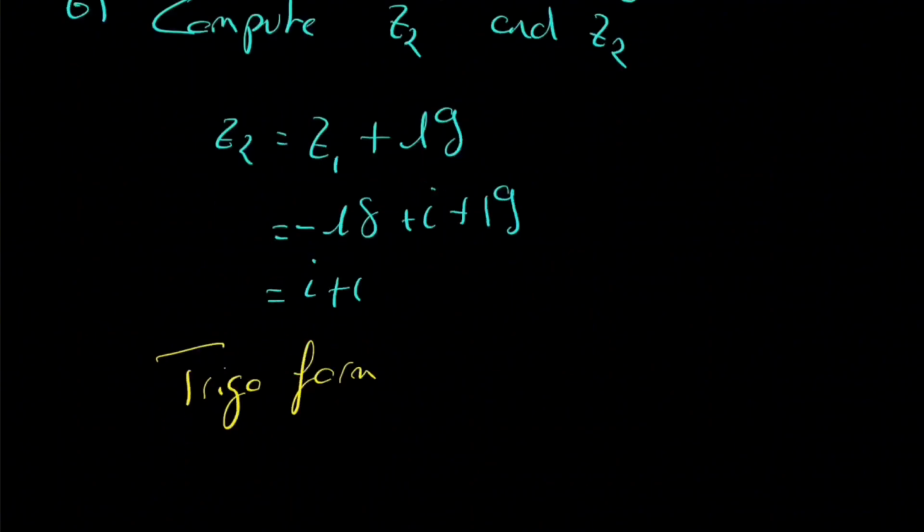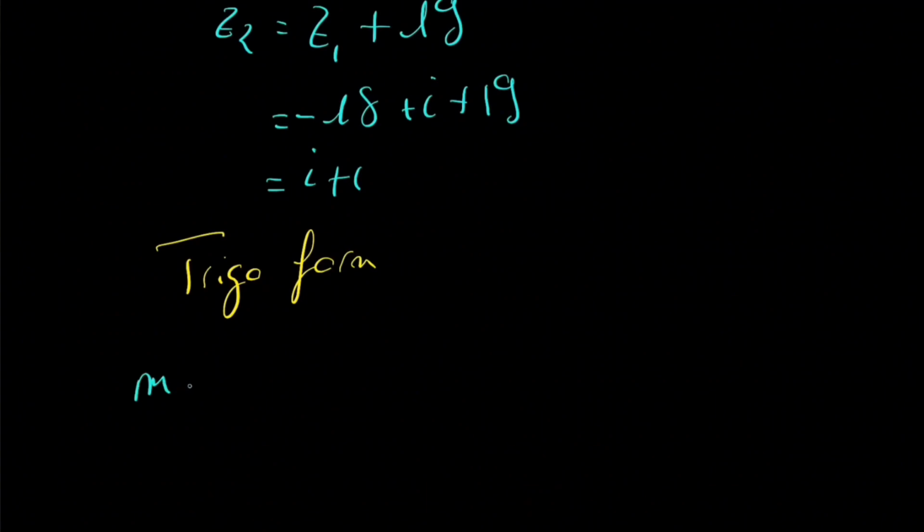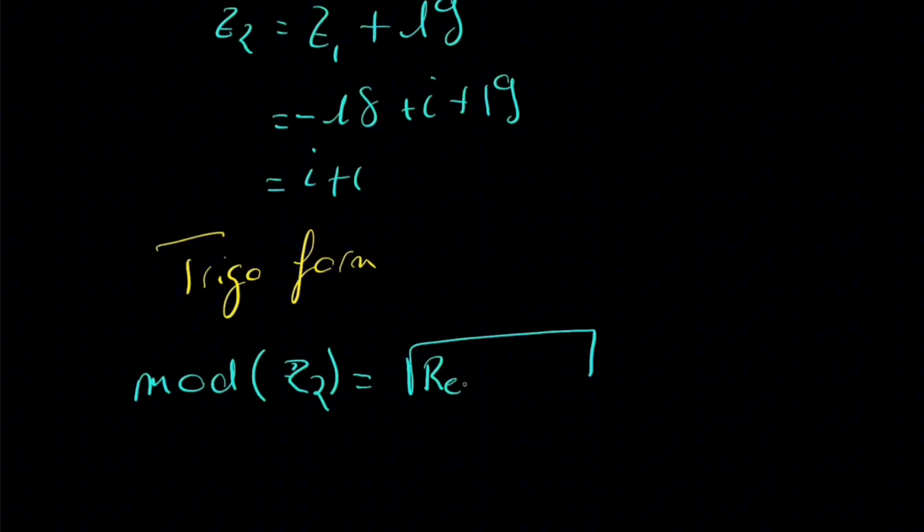So how to do that? Let's find first the module of z2, which is equal to the square root of its real part squared plus its imaginary part squared.